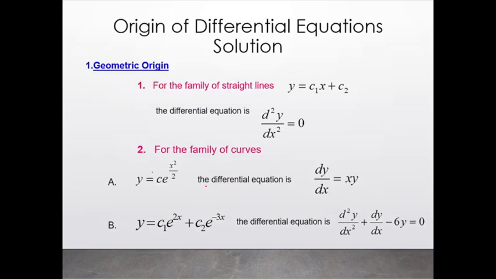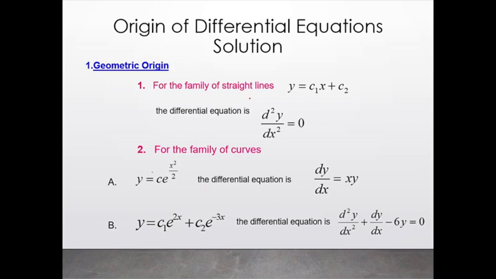Okay, so origins of differential equations. They can have geometric origins. These are already the applications of differential equations and how they occur in nature. We have the geometric origin of differential equations.